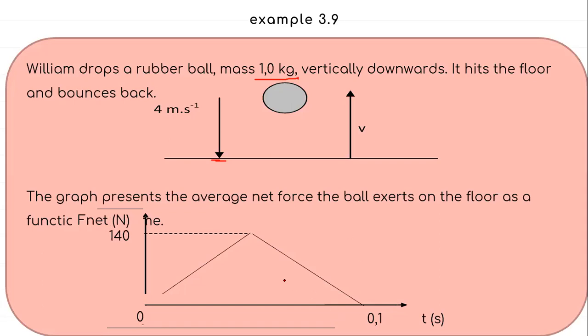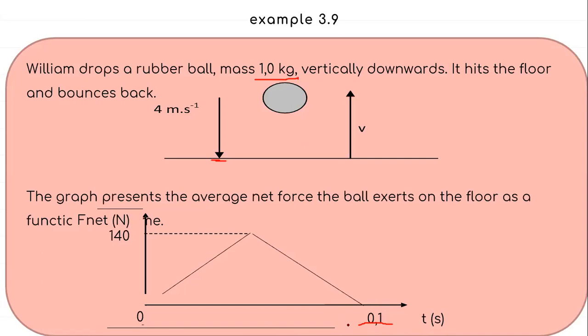This is the average net force that the ball exerts on the floor, but it is also the average net force that the floor exerts on the ball. Based on this graph, we can see that this net force acts for a period of 0.1 seconds.